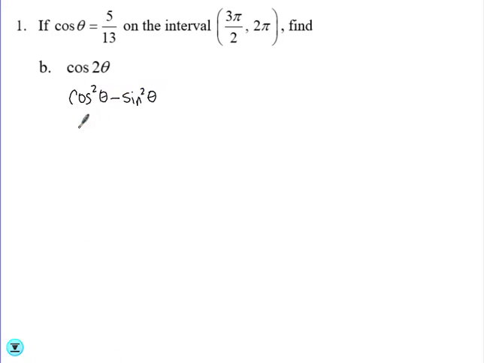Well, we are told that cosine of theta is 5 over 13, and we just figured out on the last slide that sine of theta is negative 12 over 13. Now we can square both of these fractions and subtract.